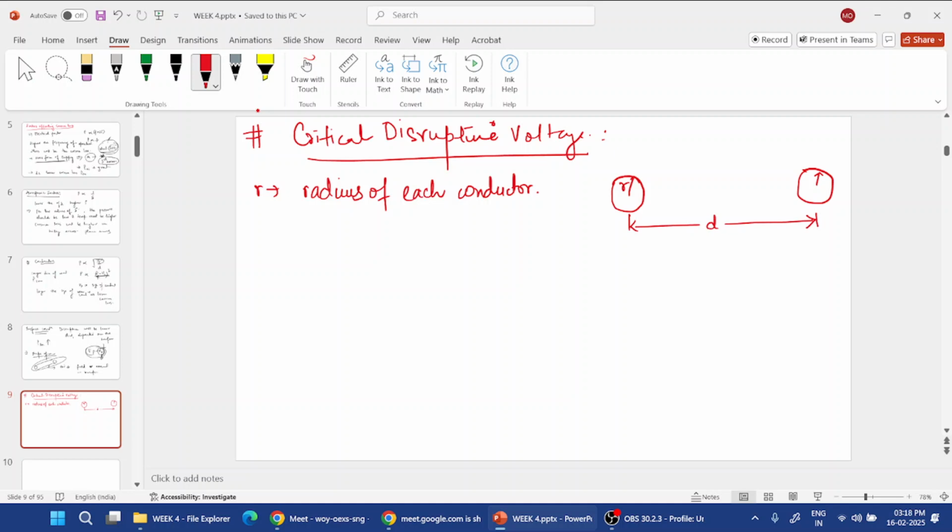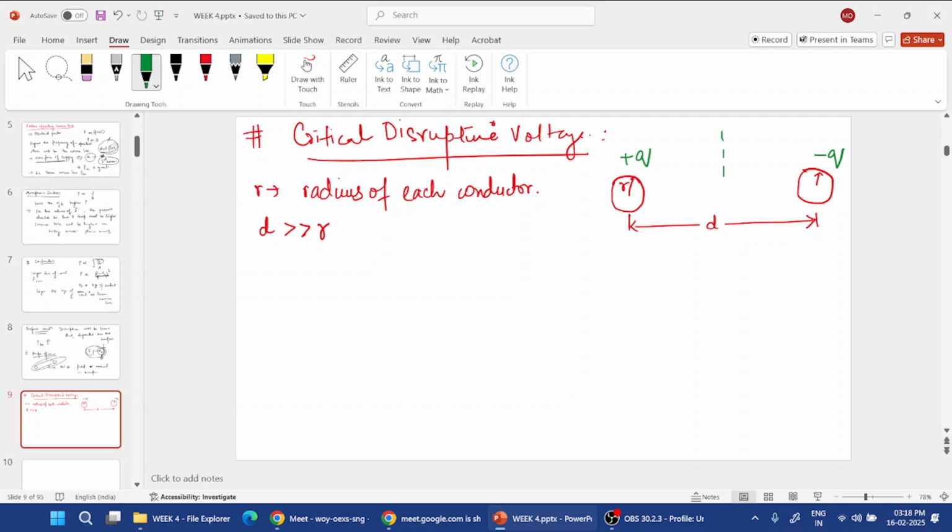And we know that d is very much higher than the radius of the conductor. Okay. Since it's a single phase transmission line, there will be plus q, let's say here, and minus q here.